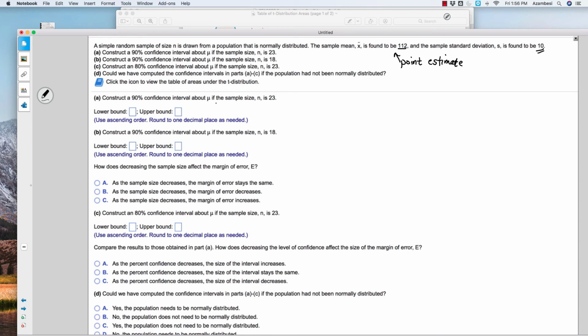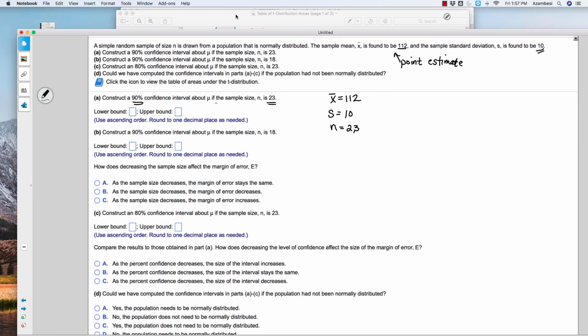Here we have the sample standard deviation s, and it gives us s is 10. So the values I have are x bar of 112, s equal to 10, and then it says to construct a 90% confidence interval if the sample size is 23. So n is equal to 23.